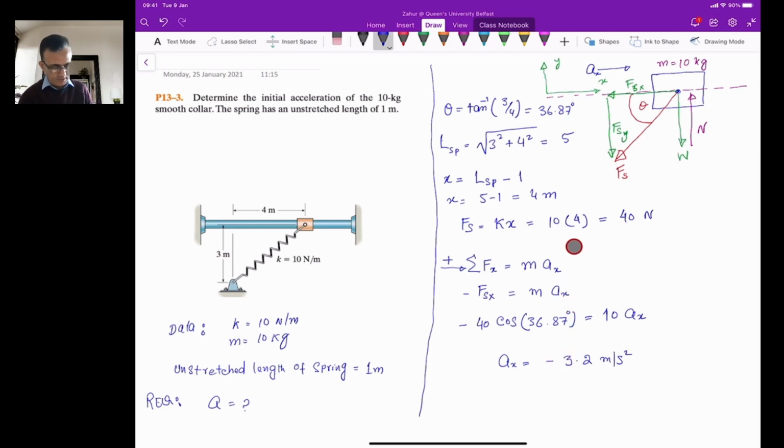So this negative is because the acceleration is in the negative x direction. You will always assume that the acceleration is in the positive x direction, but then the calculation will provide you the exact direction of the acceleration.